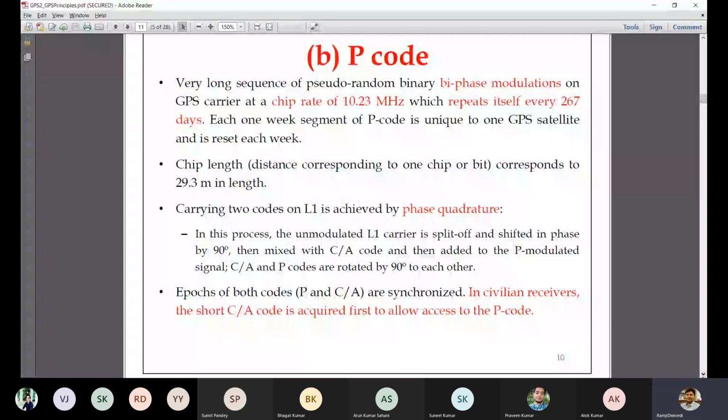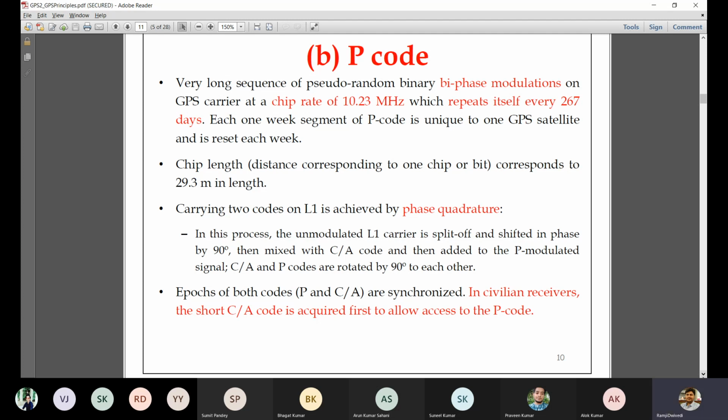29.3 meters in length. Carrying two codes on L1 is achieved by phase quadrature. In this process, the unmodulated L1 carrier, unmodulated means nothing has been modulated on the carrier yet, is split off and shifted in phase by 90°, then mixed with the CA code and then added to the P modulated signal.